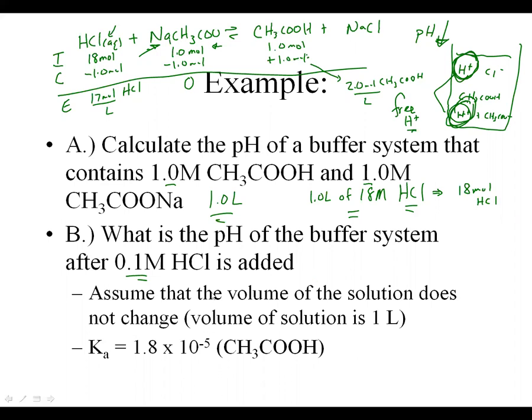Any questions on that? So again, that is the calculation-based way of demonstrating that there is a limit to how effective a buffer can be. And usually the effectiveness of the buffer is within what we were talking about earlier, plus or minus 1 of the pKa value.